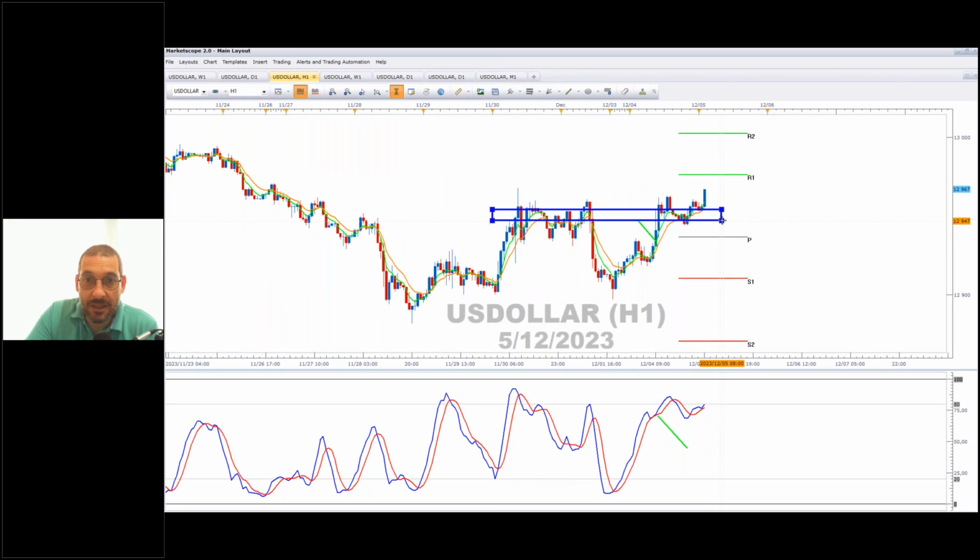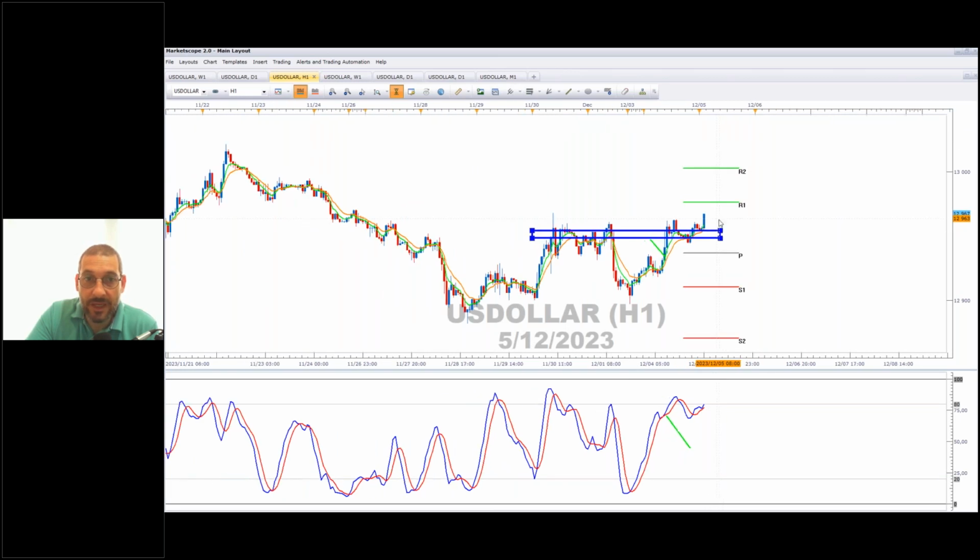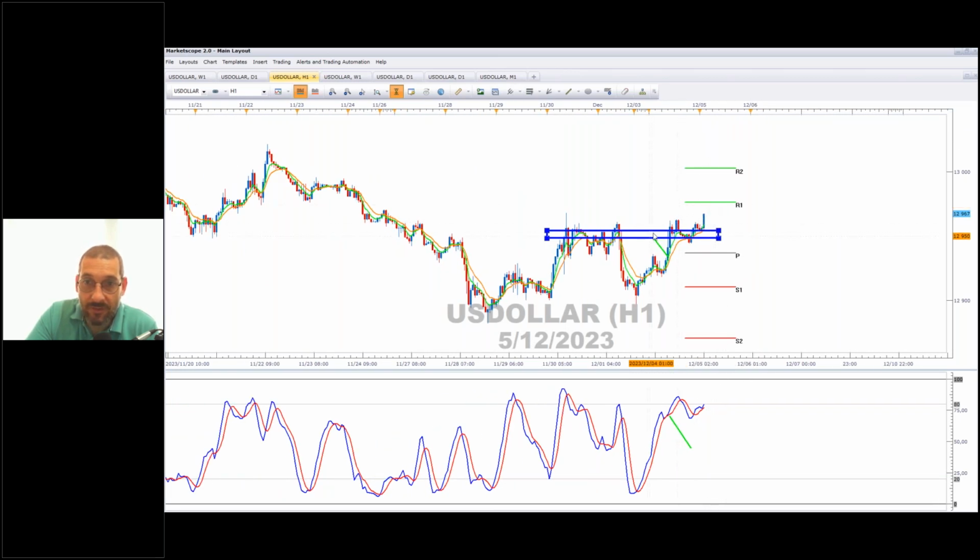Okay, so by and large, we're heading towards the R1 level. What we can do is mark the R1 level as the level that we're now going to keep an eye on.